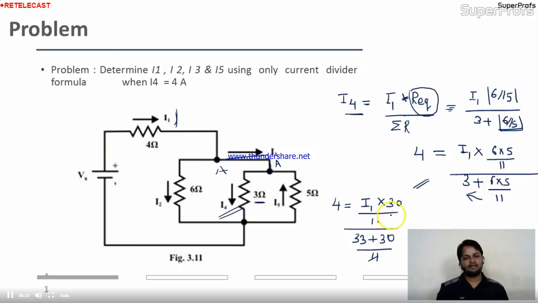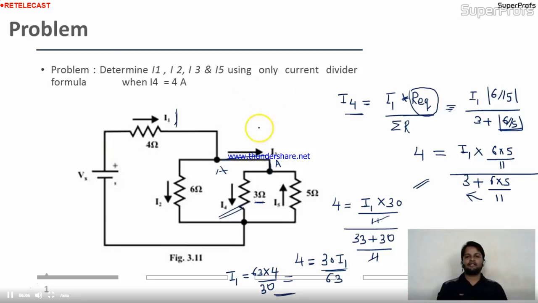This 11 will cancel out this 11, and finally I1 is, see here, 4 equals 30 I1 divided by 33 plus 30, 63. Is it okay? So finally I1 is nothing but 63 into 4 divided by 30. This is I1. Is it clear to you people?